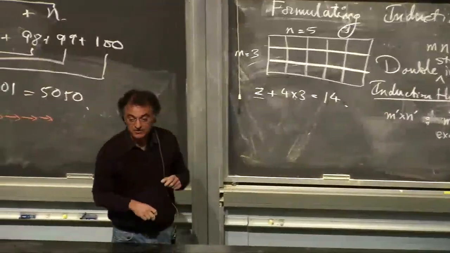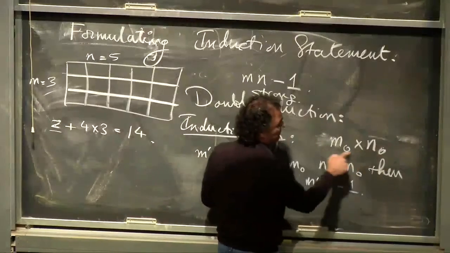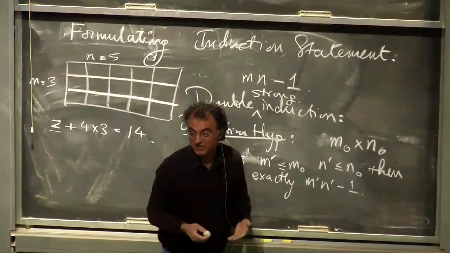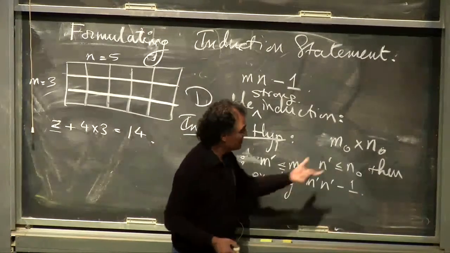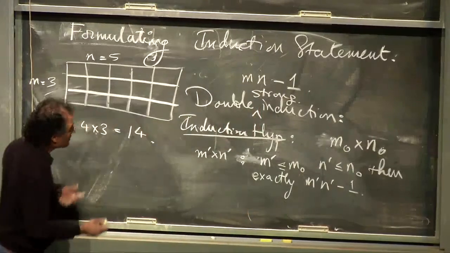That's the induction hypothesis. We are assuming for everything smaller than this, the hypothesis holds. So we are doing strong induction. There are two parameters that we are inducting on. And now, induction step.